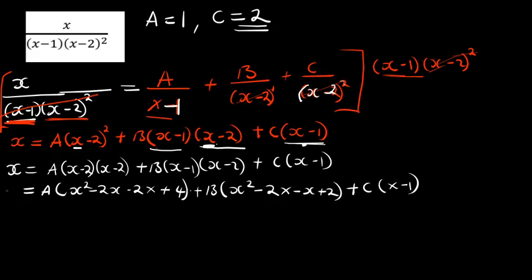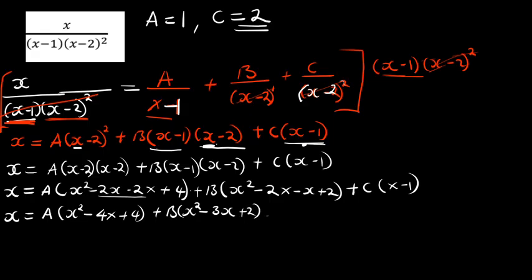I'm just expanding here. So I have just x this side. So x is equal to a there, then x squared minus, when I add these ones, it will be minus 4x plus 4. Then plus b, then x squared minus 3x plus 2. Then plus c, then x minus 1.